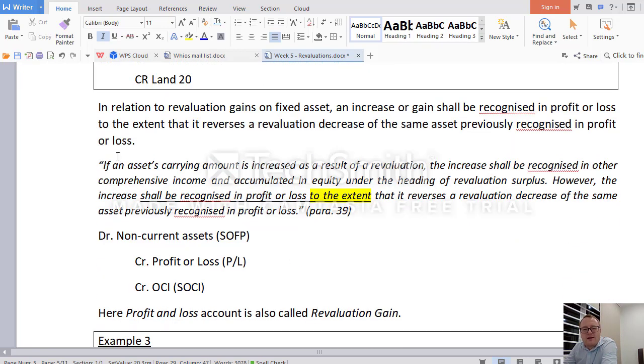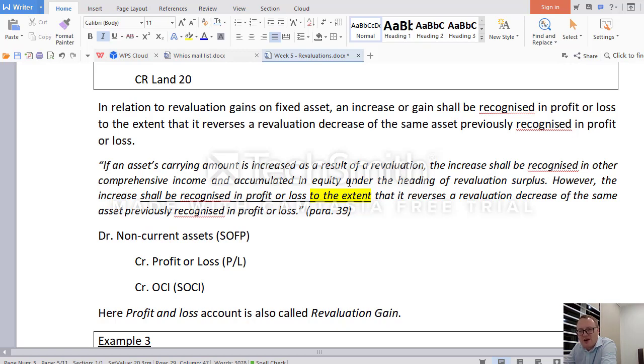Now let's read this rule. We are talking about consecutive revaluations, specifically initially upward, then downward, or initially downward, then upward. If an asset's carrying amount is increased as a result of revaluation, the increase shall be recognized in SOCI and put as revaluation surplus.